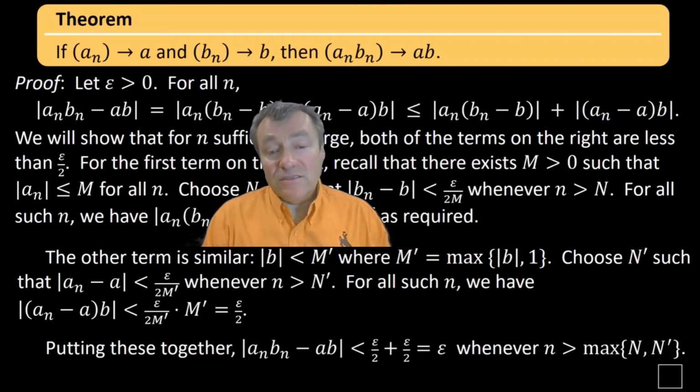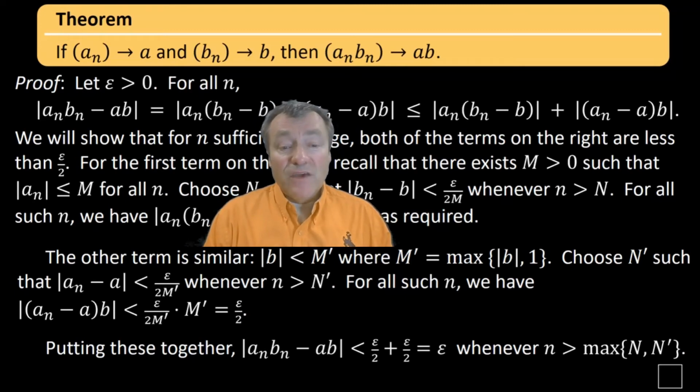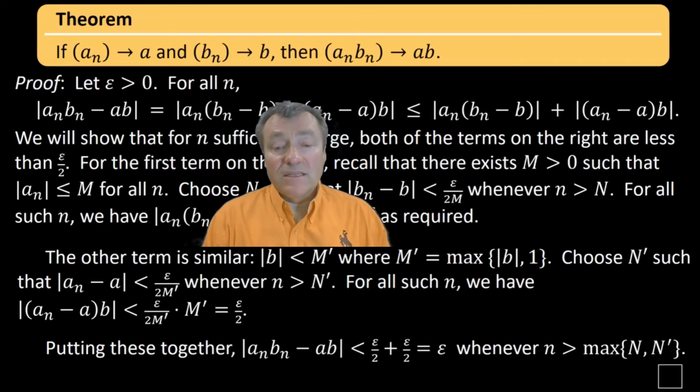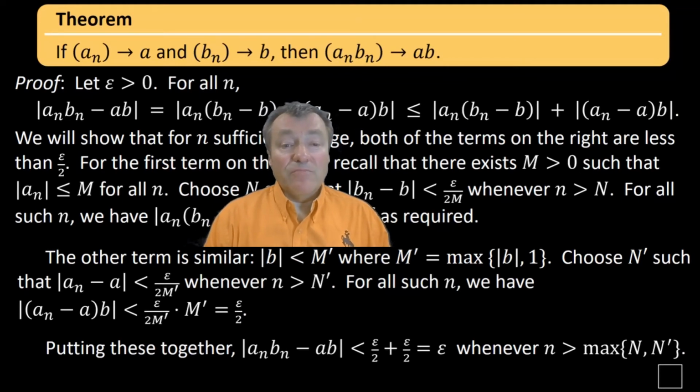The total is epsilon, so I have that the absolute value of a_n b_n minus ab is less than epsilon whenever little n is bigger than the maximum of capital N and capital N prime. This is what I need. I've completed the proof for multiplying two sequences term by term. If the individual sequences converge, so does their product. You just multiply their limits.